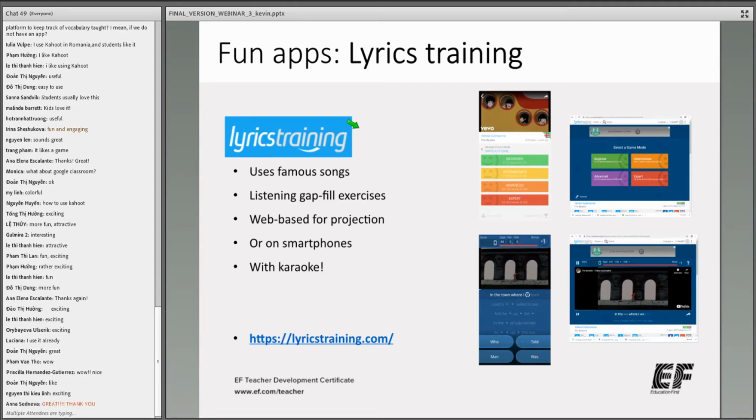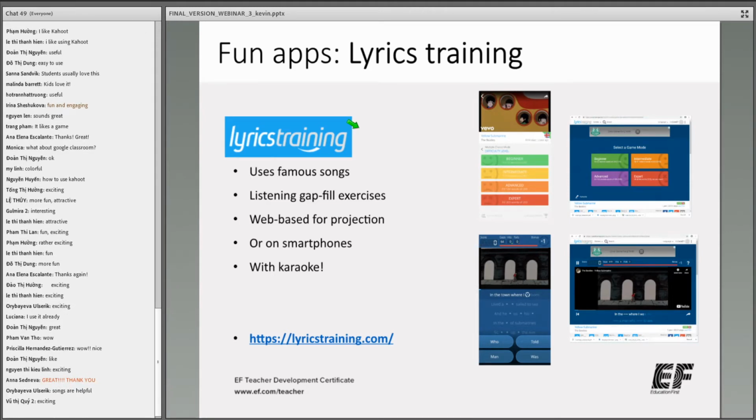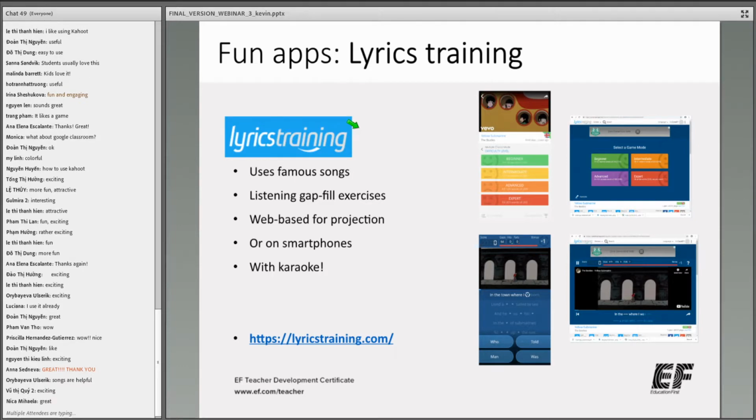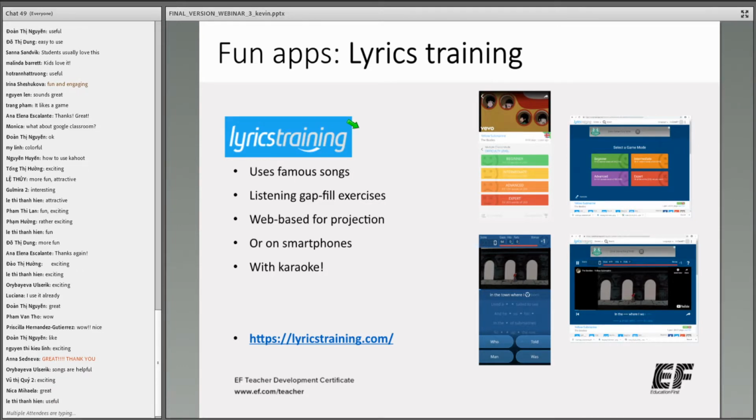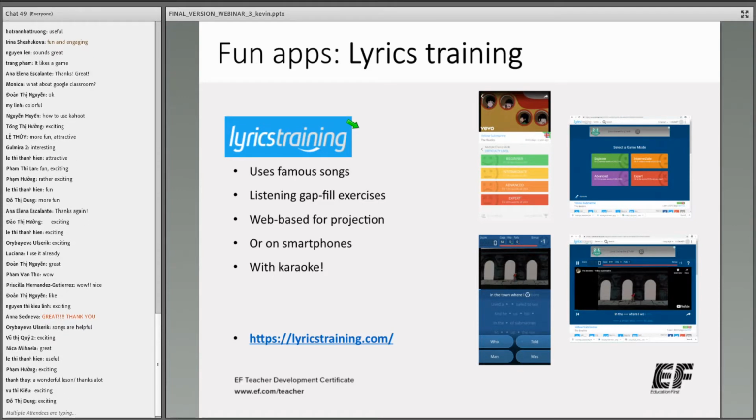It's a website that works on computers, on smartphones, etc. And students also absolutely love it. It's something that we've used before at EF Malta, and we've had good results with it. There's also a karaoke version of it. So there's the fun, the exciting, the wow factors to it all.